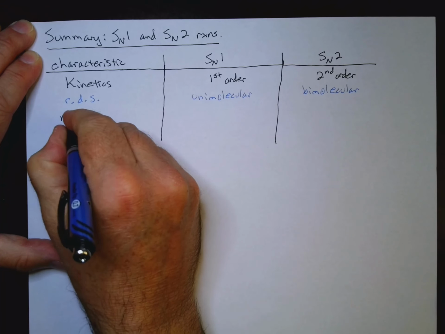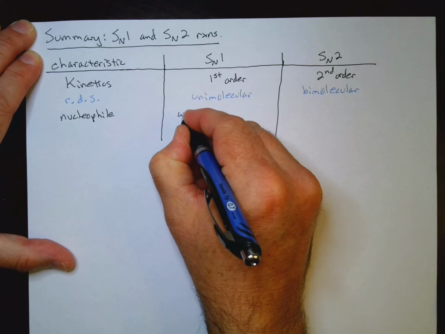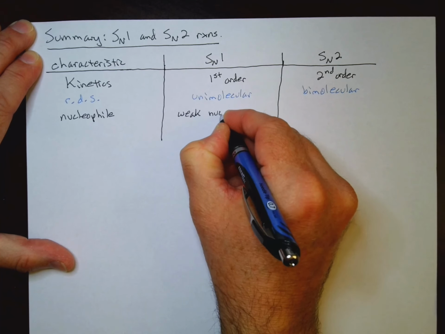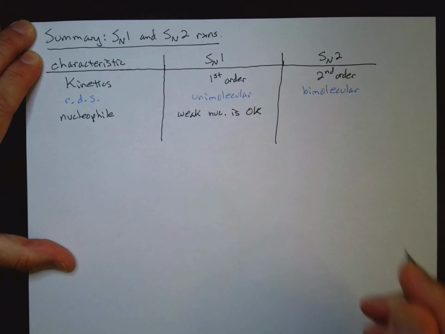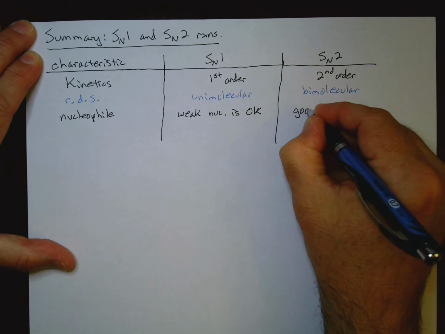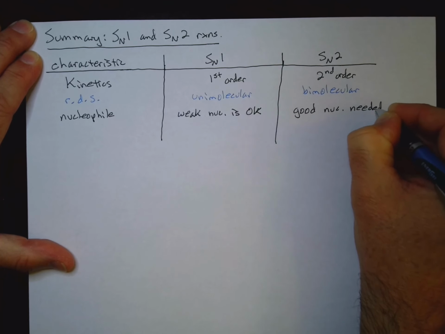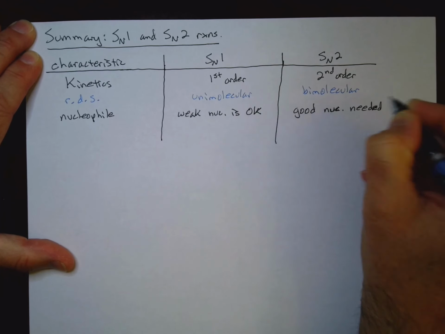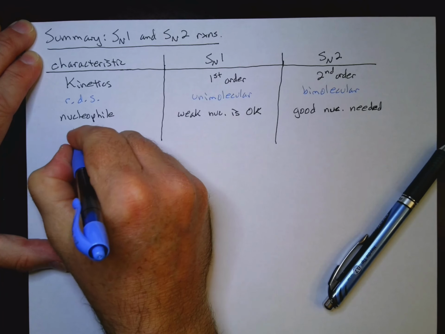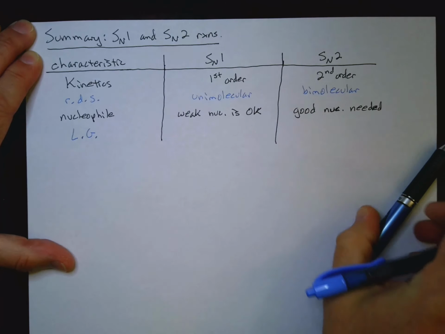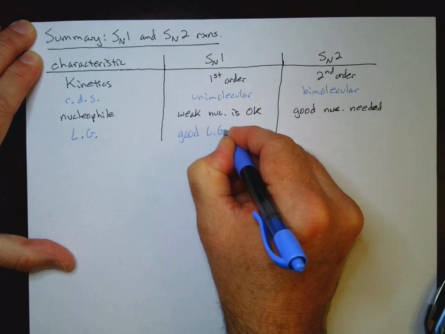For the nucleophile, a weak nucleophile is OK for SN1, but we need a good nucleophile for SN2. All right, next was the leaving group, and in both cases we need a good leaving group.